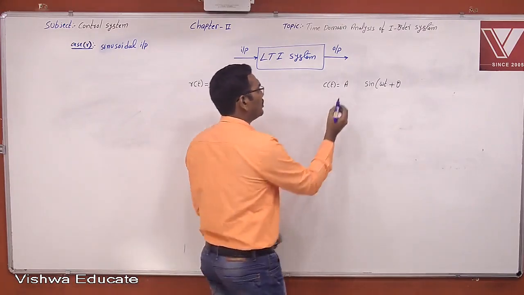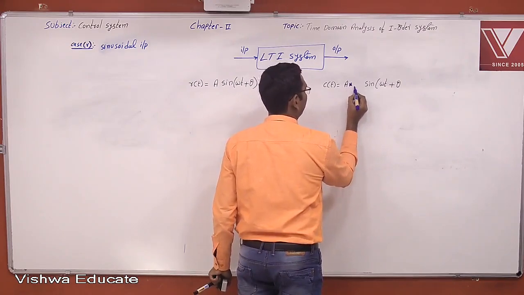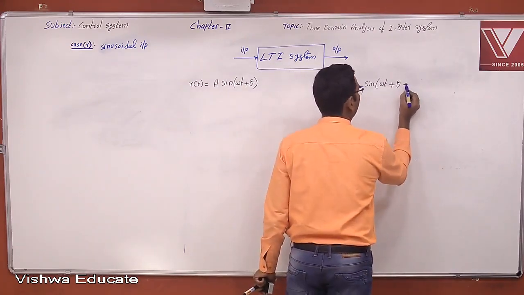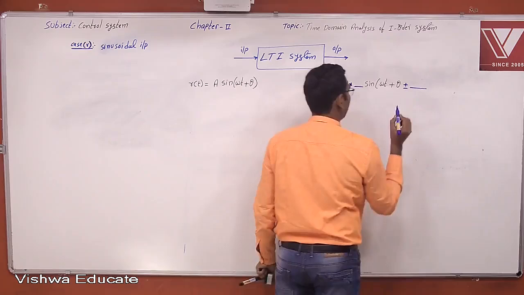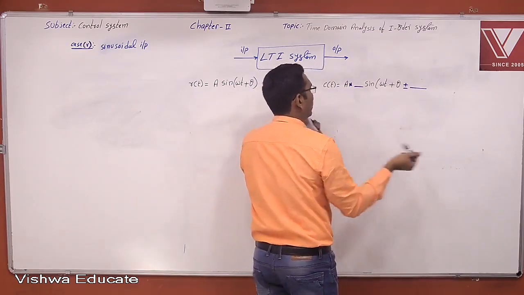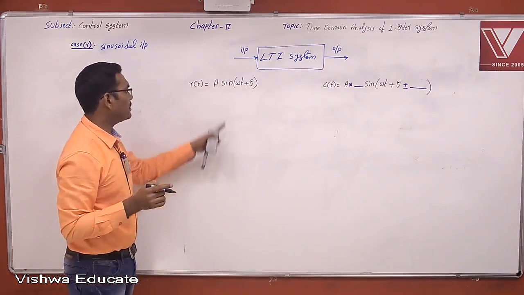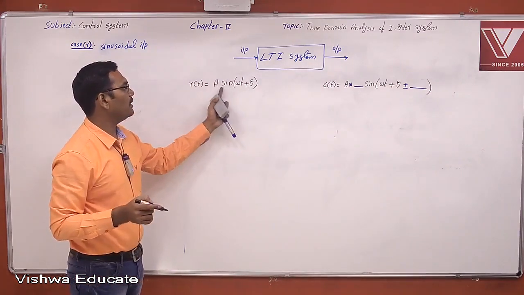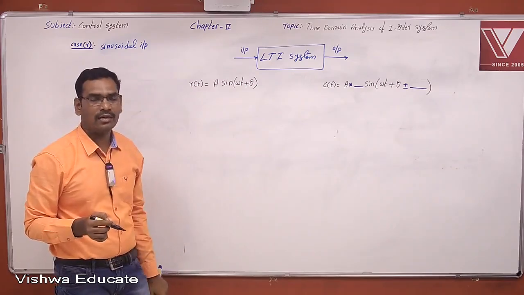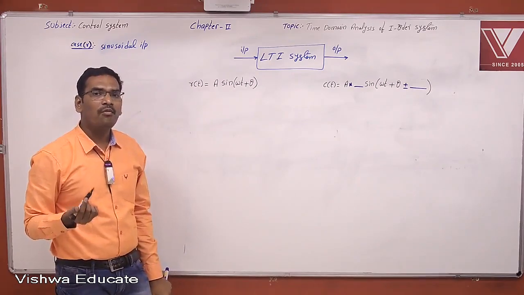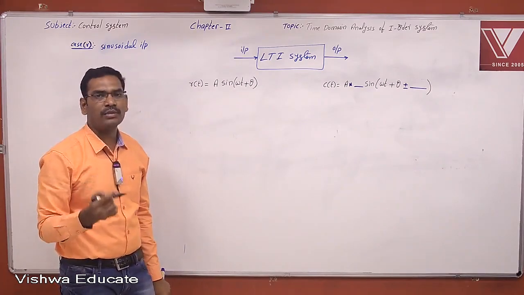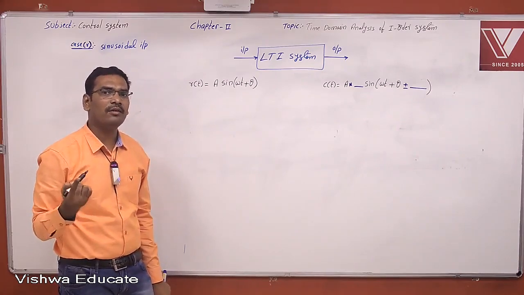The magnitude is going to change, and the phase angle theta is also going to change. I can easily find the change in magnitude and the change in phase at the output side.